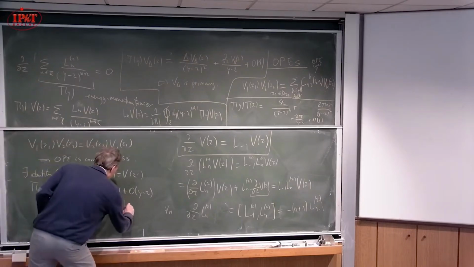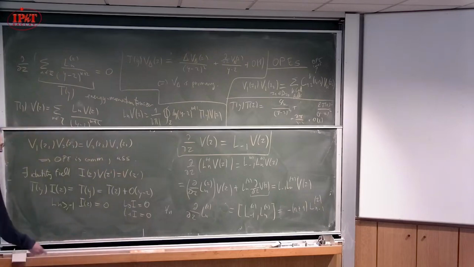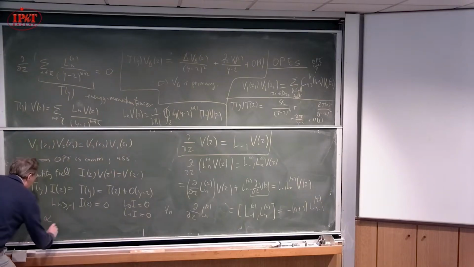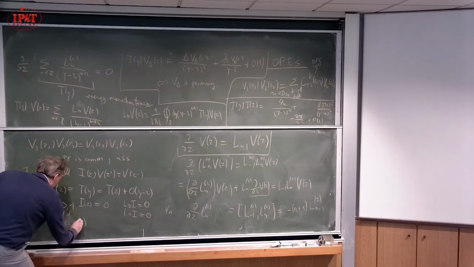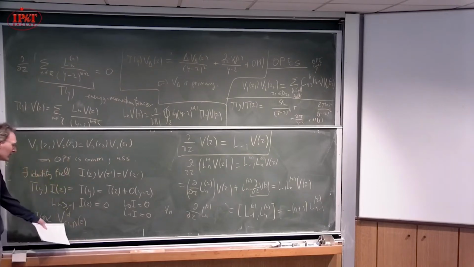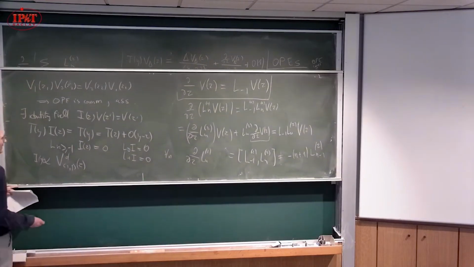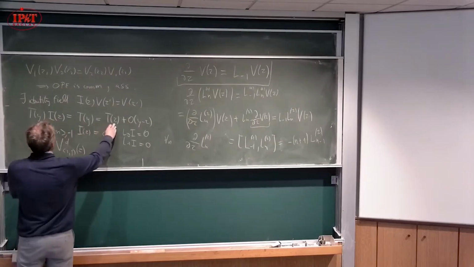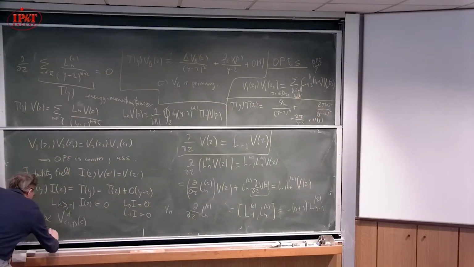So in particular, L_0 I is 0 and L_{-1} I is also 0. From which you deduce that I is a degenerate primary field, the V_{<1,1>} primary field, which has a vanishing null vector at level 1. So the identity field must be proportional to that by definition. You also deduce, comparing this OPE with the general formula here, that L_{-2} I(z) is just T(z).